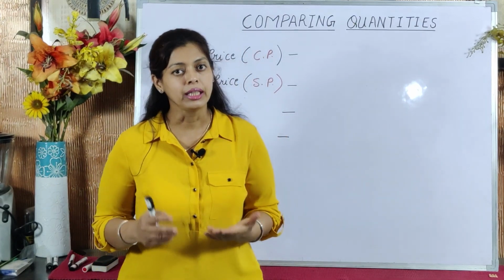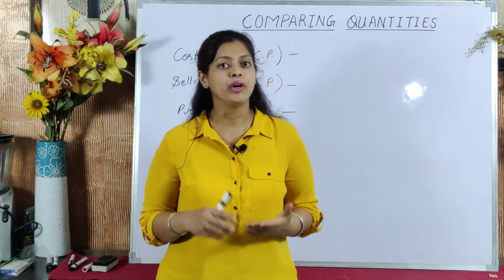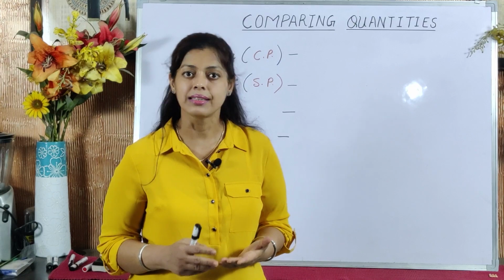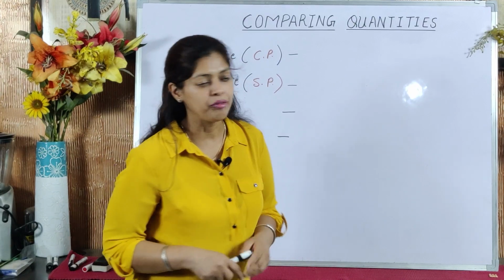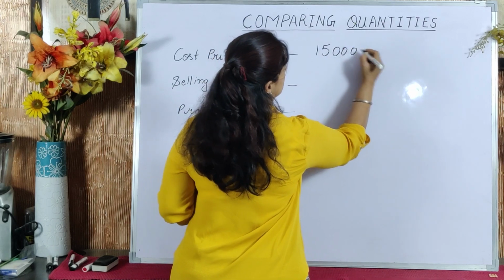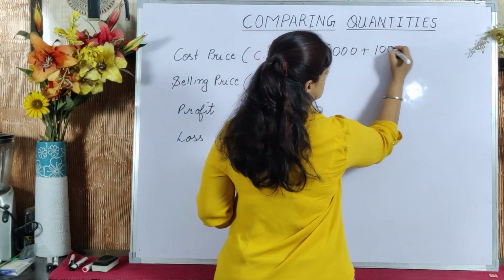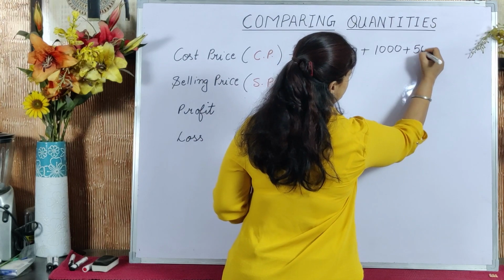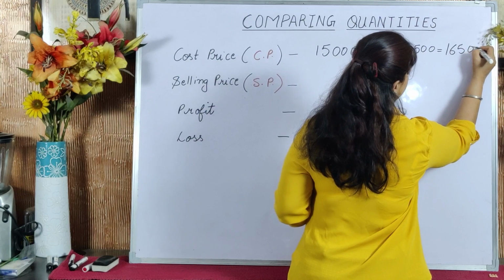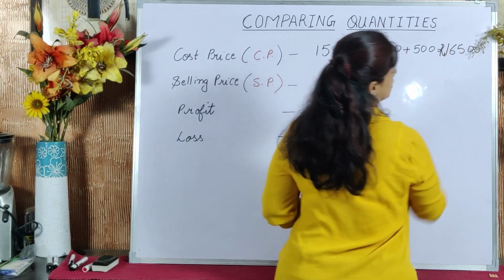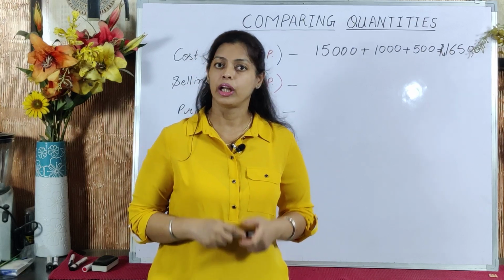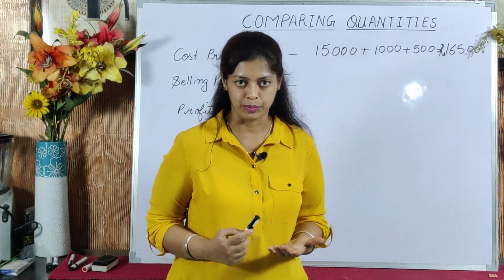Say you have bought the TV for rupees 15,000 and you have incurred rupees 1,000 on transportation and 500 as labor charges. So what will be your effective cost price? It will be 15,000 plus 1,000 transportation plus 500 of labor charges, which is equal to 16,500 rupees. So whenever any overhead expenses are given, you are required to add them to the cost price.